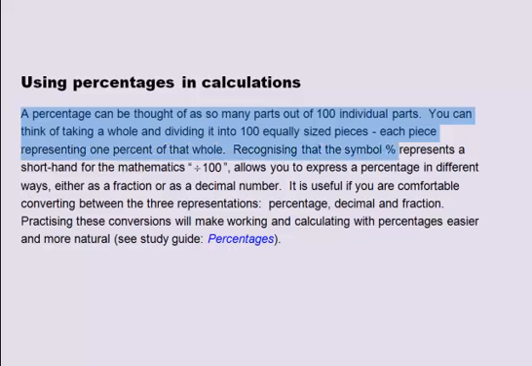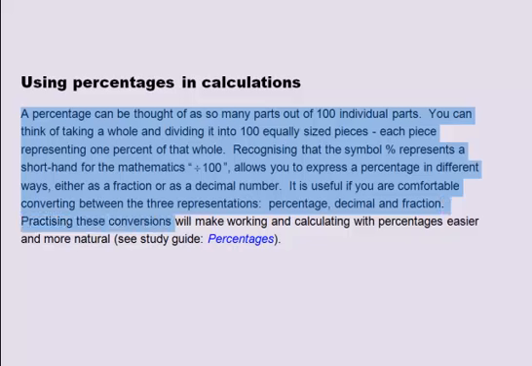Recognising that the symbol % represents a shorthand for the mathematics divide by 100 allows you to express a percentage in different ways, either as a fraction or as a decimal number. It is useful if you are comfortable with converting between the three representations: percentage, decimal and fraction. Practising these conversions will make working and calculating with percentages easier and more natural.